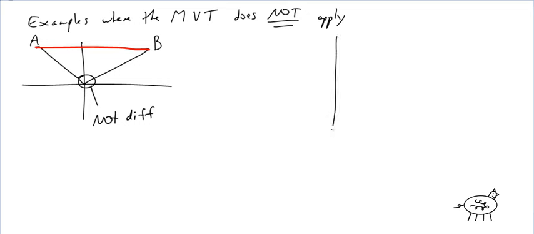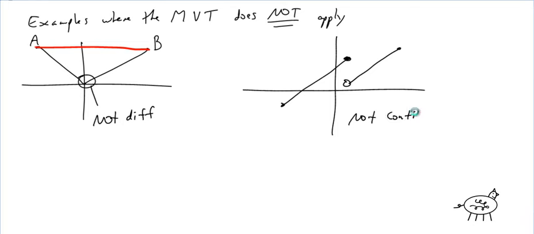Here's another one for you. Here and there. Okay, why doesn't that work? Well, this one is not continuous. It definitely is not differentiable there as well, but I wanted to show you it's also not continuous, because it's like a piecewise function, right?